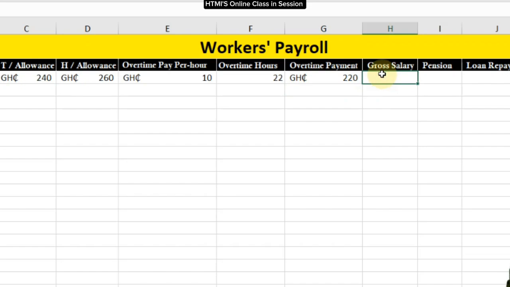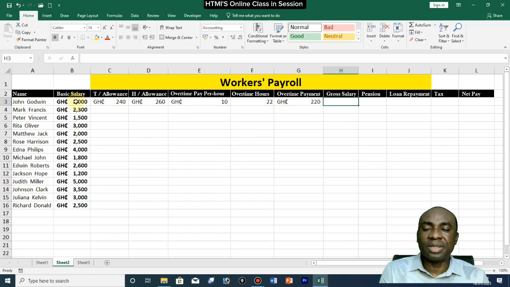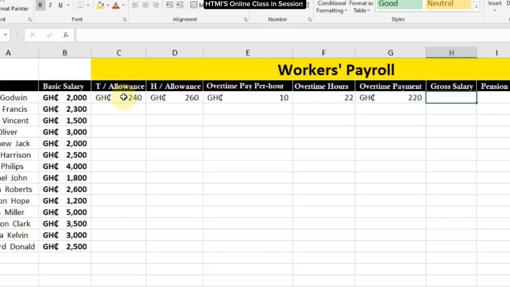So now the gross salary. What is the gross salary for this first worker? It's as simple as basic salary plus transport allowance plus housing allowance, and then plus the total overtime payment for that month. That will give us the gross salary.